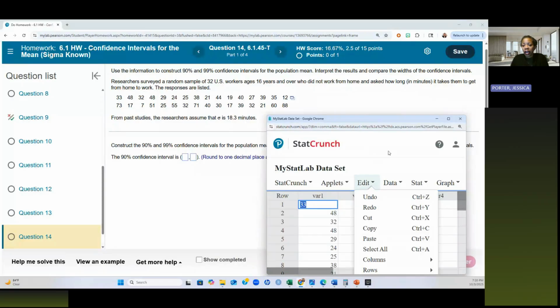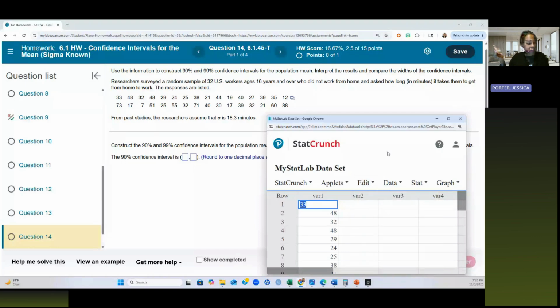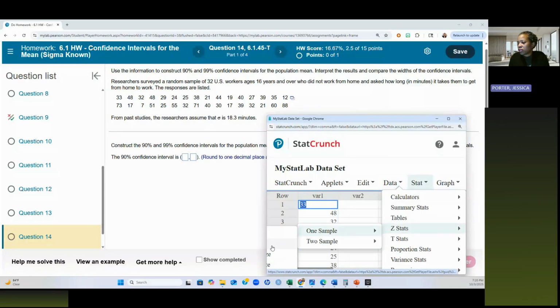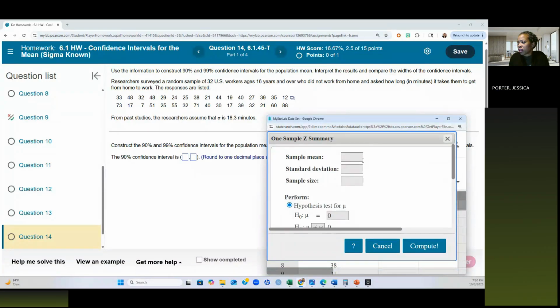Unfortunately, if you have the TI-84, you're going to have to enter in this data, and you'll enter it into like list 1 or something, or list 2, whatever list you want to use. And then you'll calculate based off of that. And again, you can click on data on the calculator and it'll take you to whatever list you want to go to.